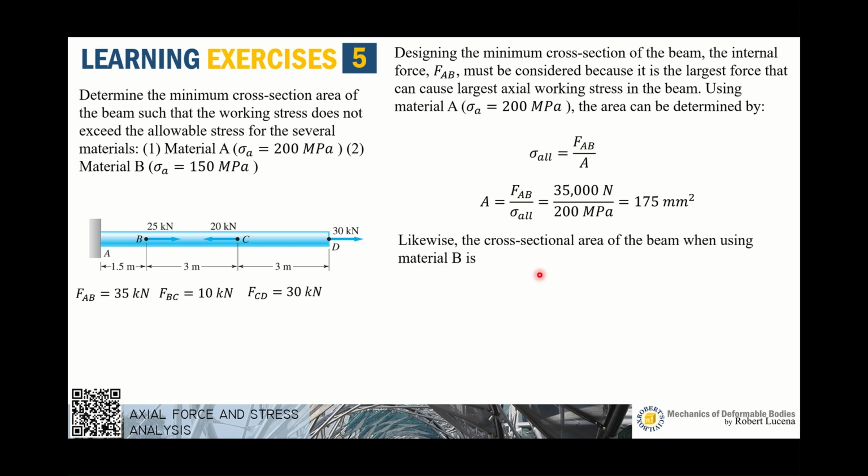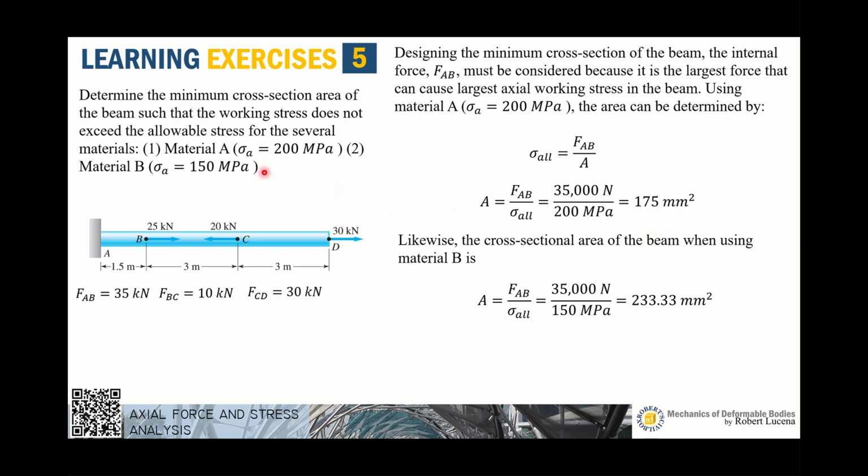Likewise, the cross-sectional area of the beam when using material B. Now, if material A is not available and you have an alternative material of 150 megapascal, then you can do the same manner. The area required is equal to force over the allowable stress. So that is 35,000 Newton divided by 150. And that is 233.33 square millimeter.